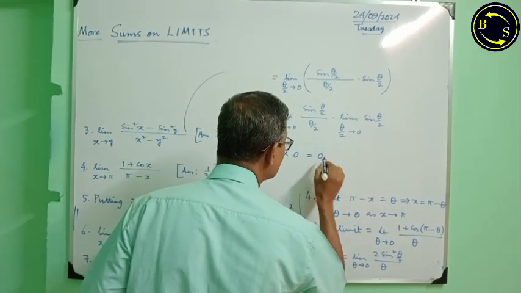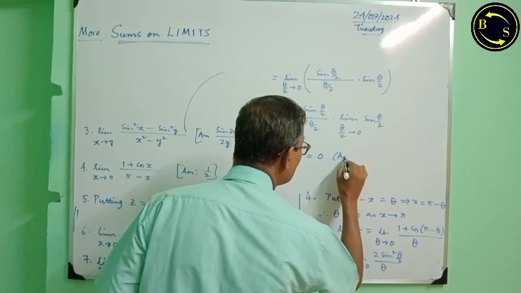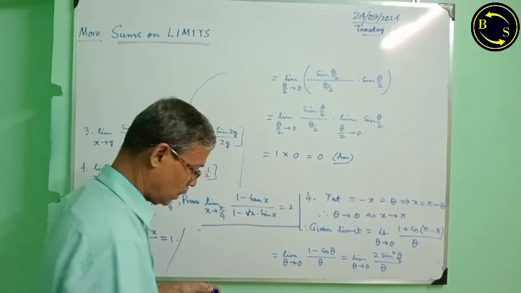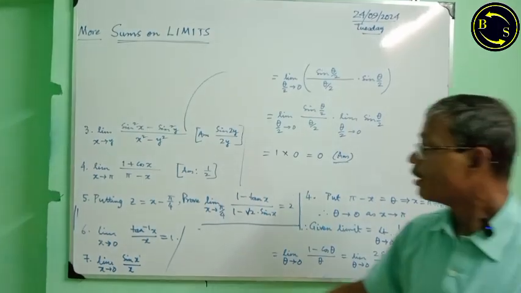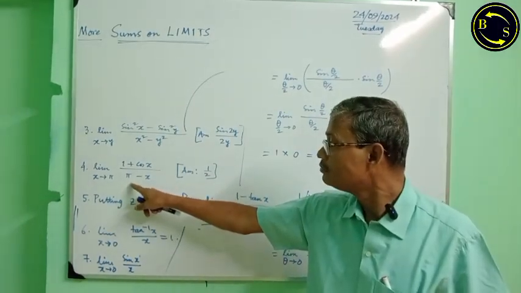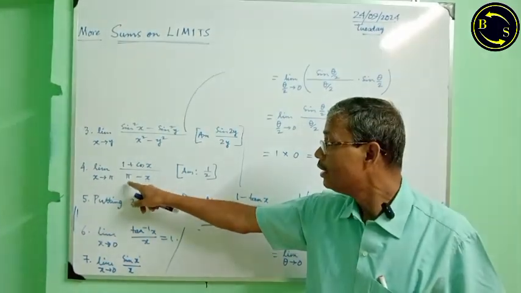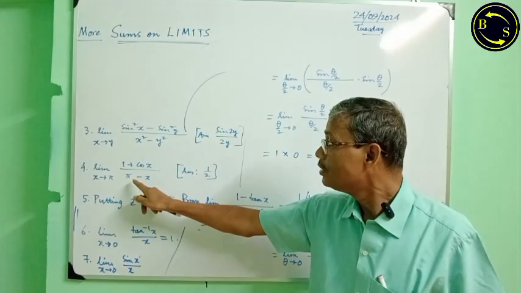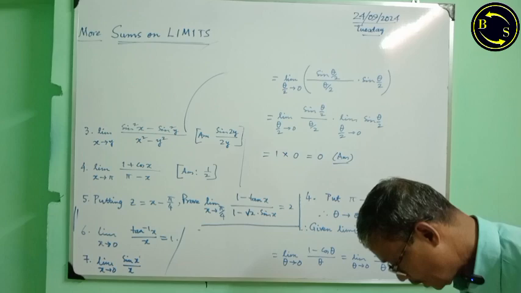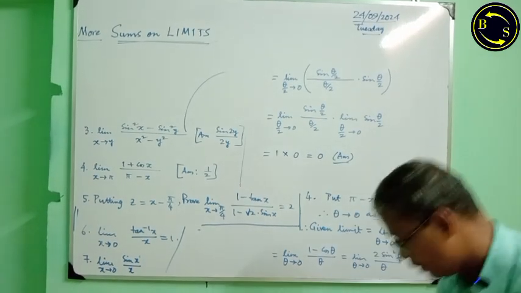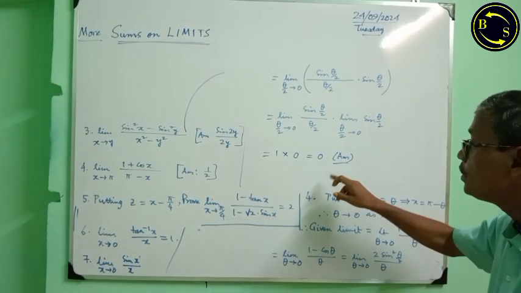Therefore result is 0. I think you have noted earlier I wrote here x minus pi, but it will be pi minus x. Accordingly, I have worked out and got the result 0.